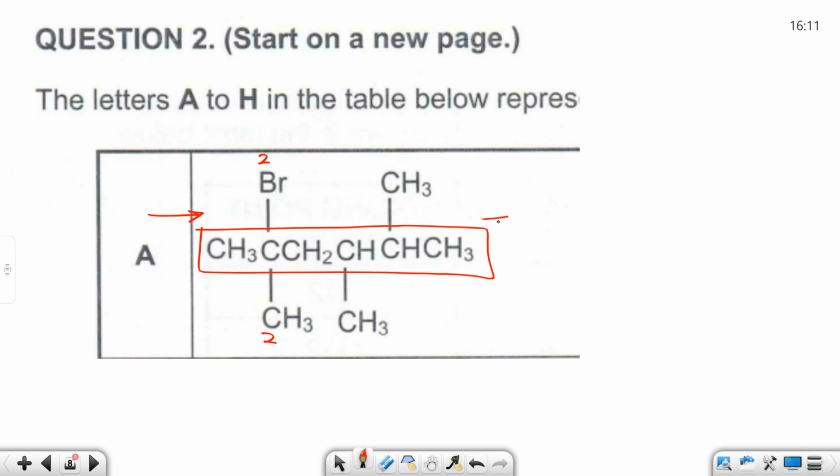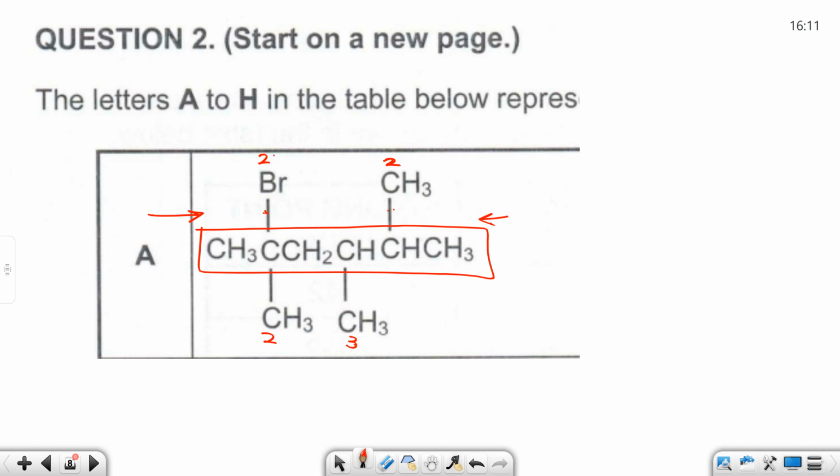If I start from here, there's a methyl group on carbon number 2, which actually cancels this preference, because it's 2-2, looking at just that one only. But come down here. If I start from this side, this is on carbon number 2, and this is on carbon number 3. We've got to look at the ones that are closest.